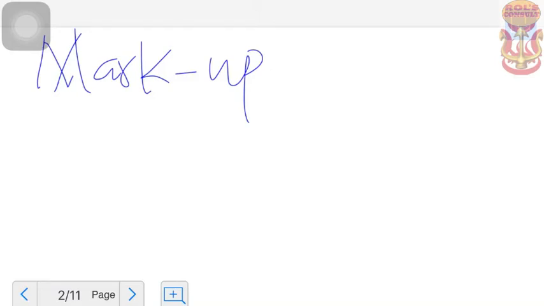Another definition is a markup refers to the sequence of characters or other symbols that you insert at certain places in a text or word processing file to indicate how the file should look like when it is printed or displayed. I like this definition.